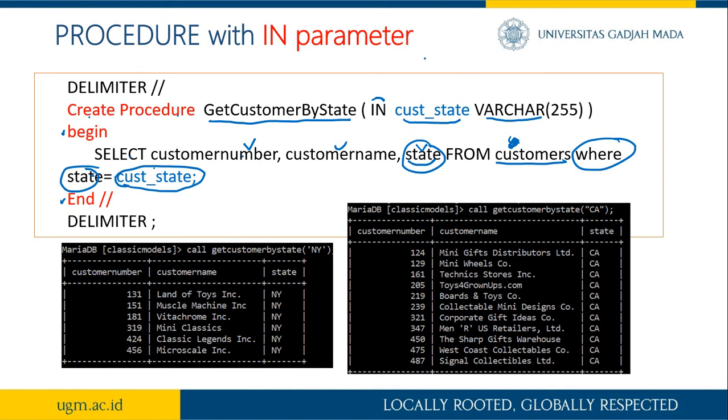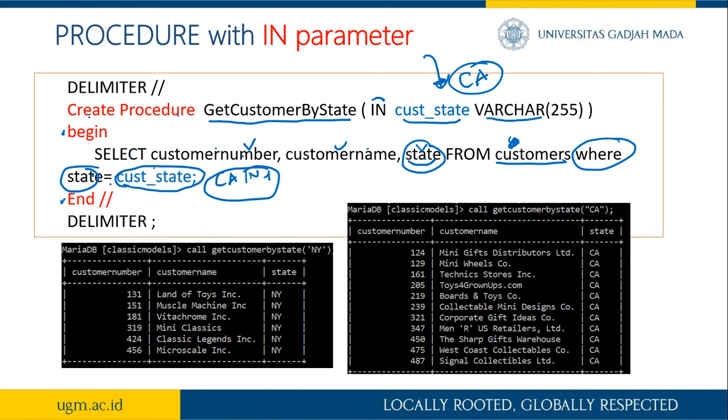Customer state here is the value that I will pass into the procedure. For example, if I type CA, it will check for states that are CA. We can change it many times because it is only a parameter, so we can change the value repeatedly, to CA or NY or anything else. So it will select the customer number, customer name, and state from the customers table, where the state is the one that I type in.